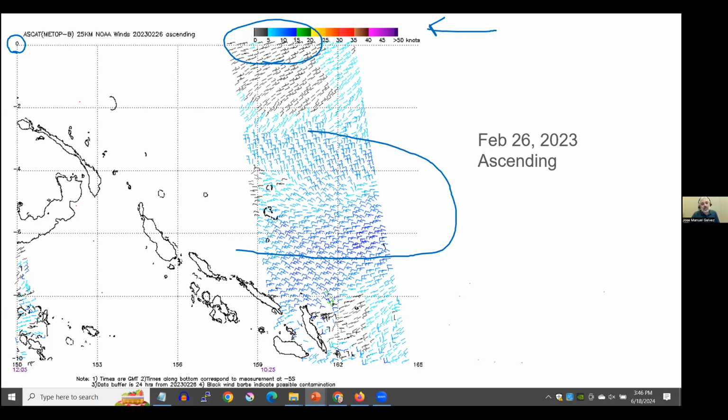Another thing that I don't know is we haven't spoken of how far south you need to have a westerly wind burst to produce a Kelvin wave. So is it only the equator? Is it 5 degrees south? This is 15 degrees south, right? So you actually need an area. You shouldn't just be looking at 0.